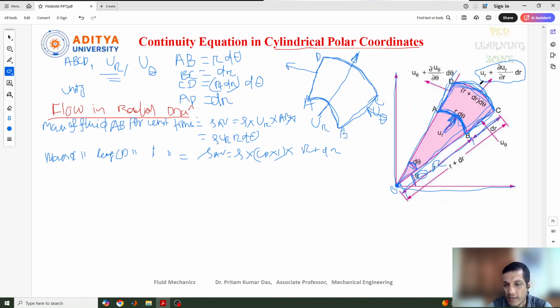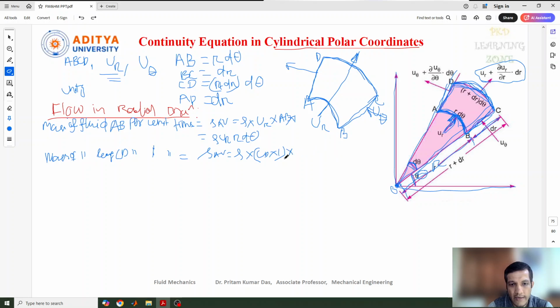And the length existing here is r plus dr into d theta, that is the actual length of this object. But the velocity traveling from here to this surface, ur, we can write as ur plus del ur by del r into dr, because that much distance dr is traveled. The velocity ur with this total area it is covering is written in terms of the derivative del ur by del r.